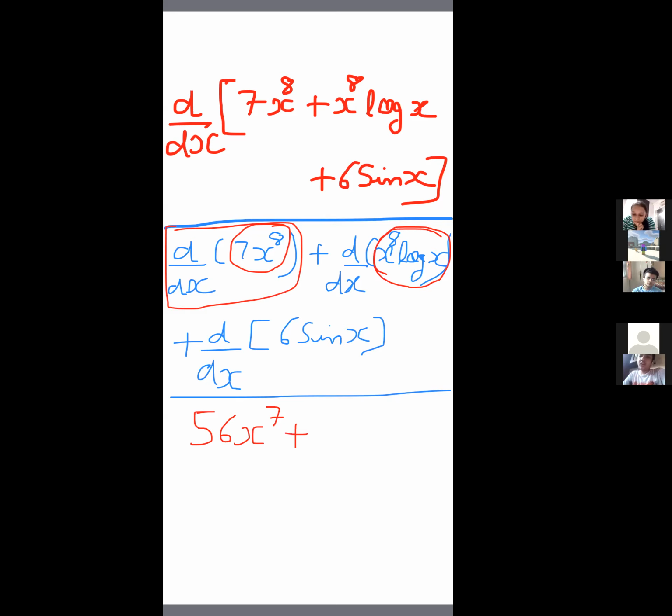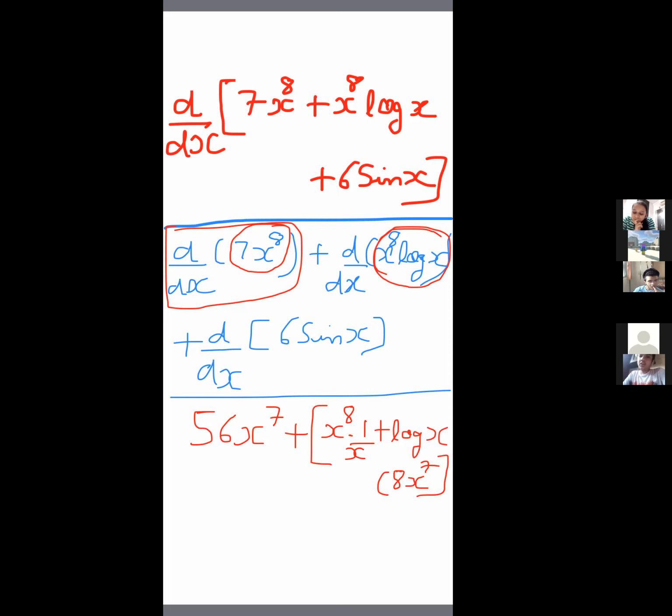First term as it is, x power 8 into differentiation of log x, which is 1 by x, plus second term as it is, which is log x, into differentiation of x power 8, which is 8 into x power 7. Now, this is your answer for the second one.